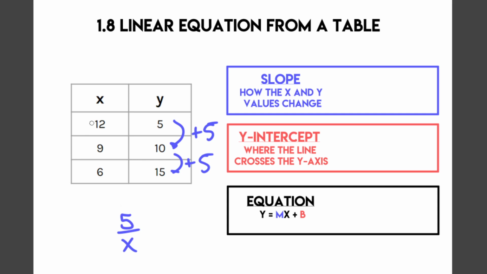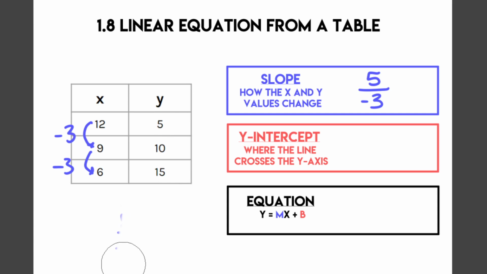And my x value is going down by 3 each time. So it's going to be a negative 3 for my change in x. 5 over negative 3.